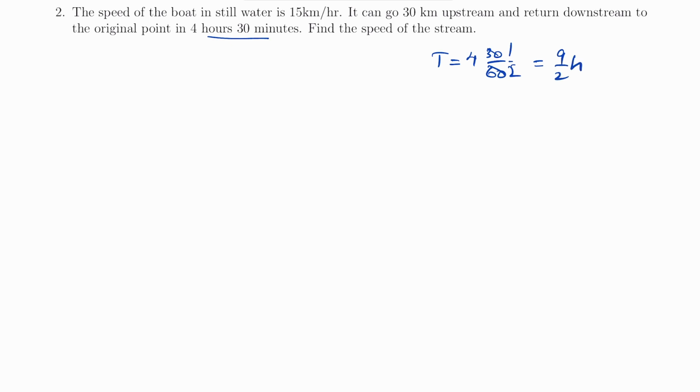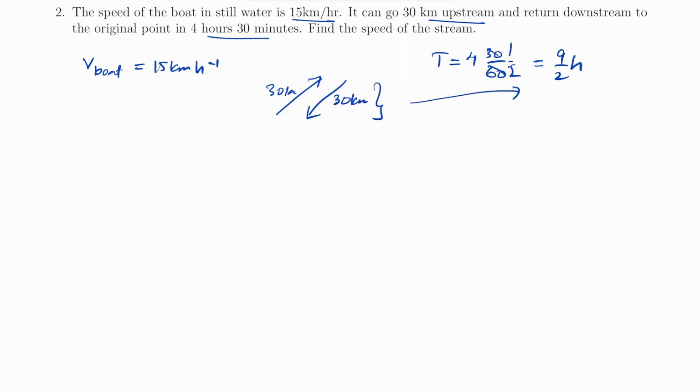In this case, the speed of the boat is given as 15 km per hour. Similar to the previous question, it goes upstream 30 kilometers and returns downstream 30 kilometers in a total time of 9 by 2 hours. So let's take the velocity of the stream as x.